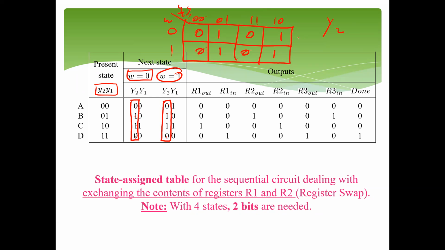Now to minimize Y2, I'm going to take these two. So capital Y2 will equal Y2 Y1 bar or Y2 bar Y1, which is equal to Y1 XOR Y2.